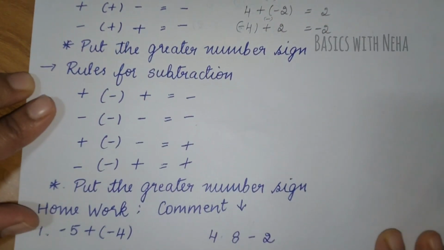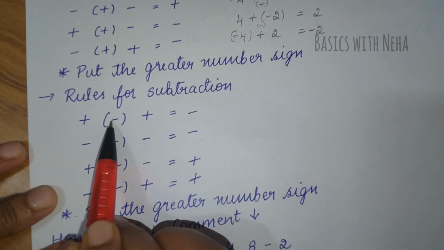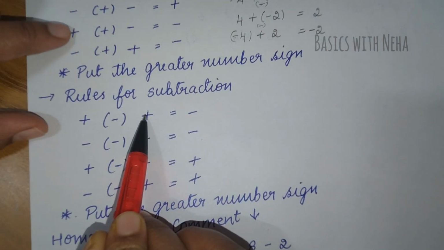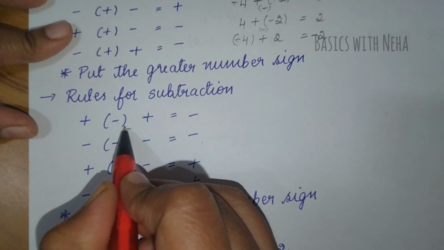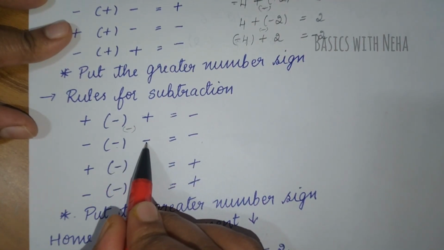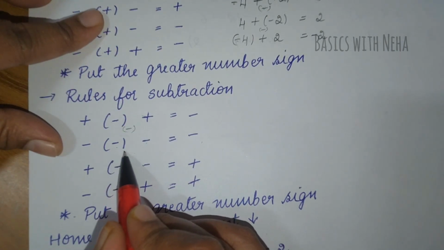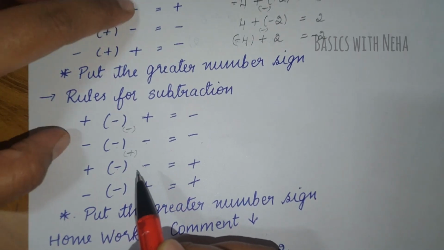That's all. Now let's see the rules for subtraction. Now you have minus plus. Minus plus is minus. We already know that minus plus is minus. So it will be minus here. Minus minus is plus. Okay, this becomes plus here. Minus minus is plus again.